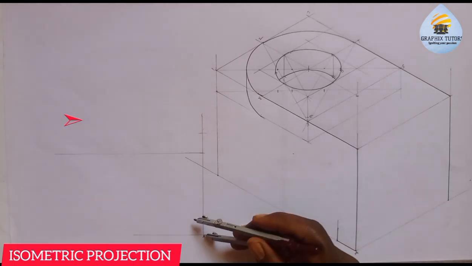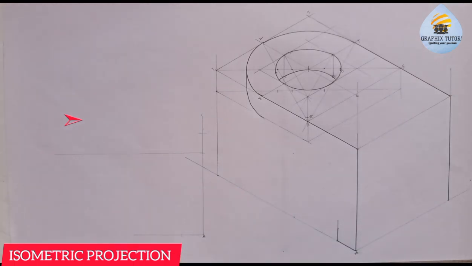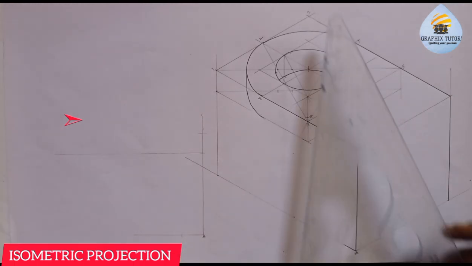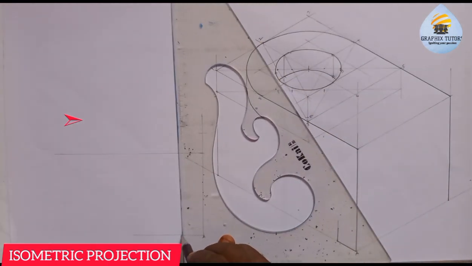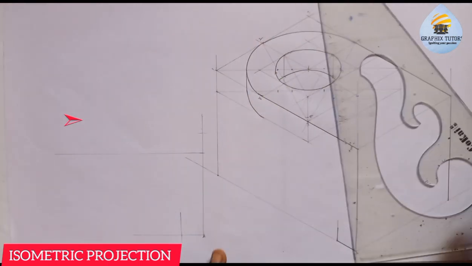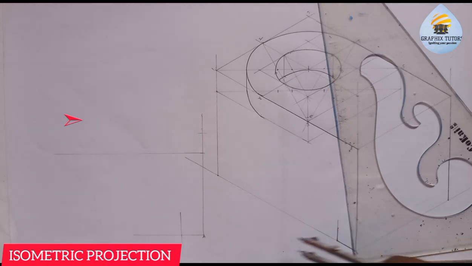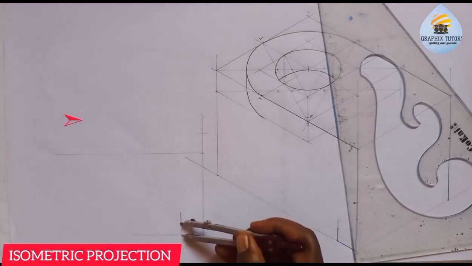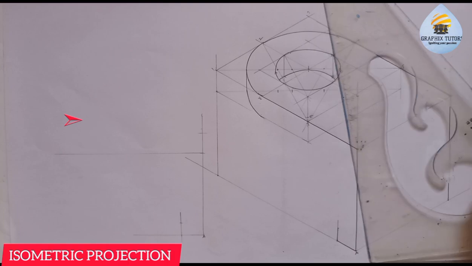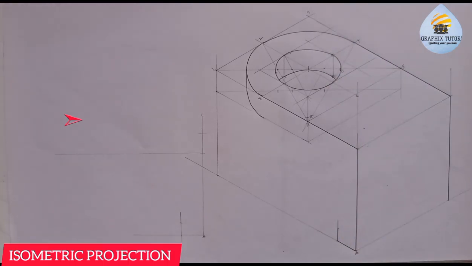So I'll place it here. This is 20. And I'll take it upward a little bit. And the height is 12. From here to here is 12. And I'll place it here, 12. Then I cannot take my 45 degree in this fashion.